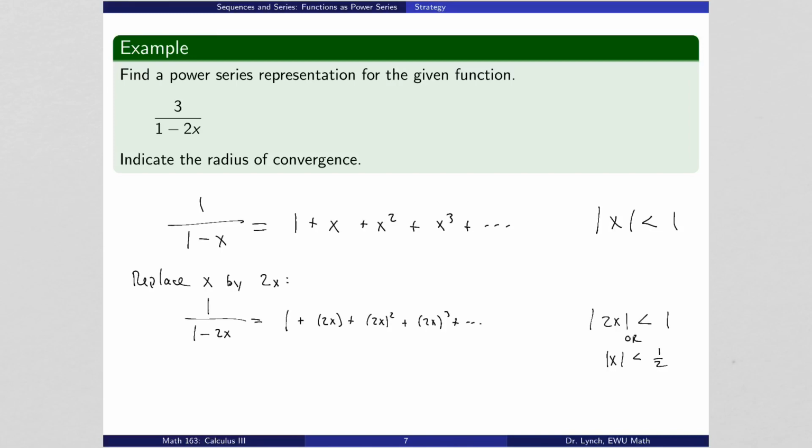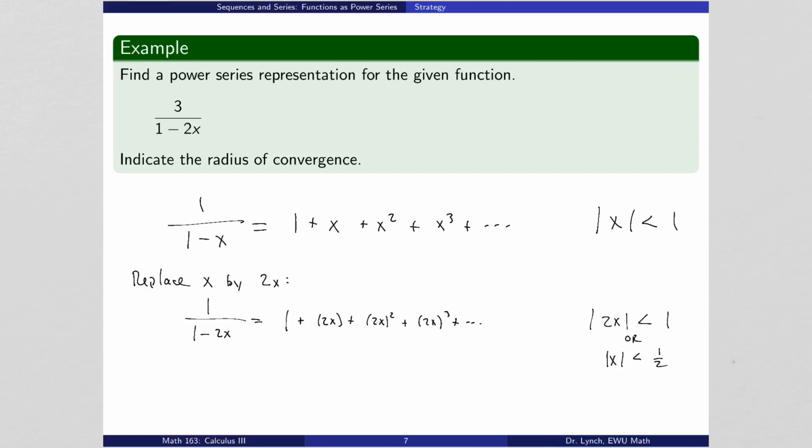In our new expression, we see that 1 over 1 minus 2x is equal to 1 plus 2x plus the quantity 2x squared plus the quantity 2x cubed, and so on. Just so long as the absolute value of 2x is less than 1. We go ahead and replace x by 2x in our radius of convergence also. So the radius is absolute value of x less than 1/2.